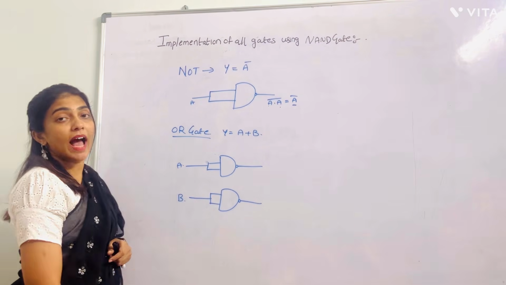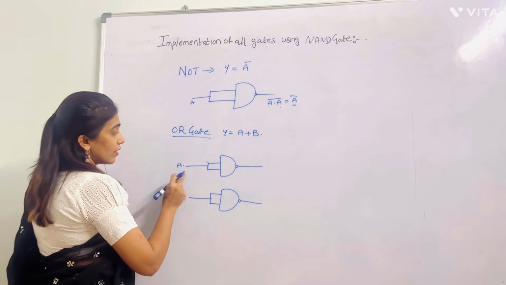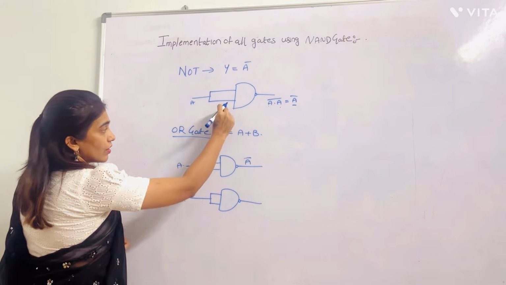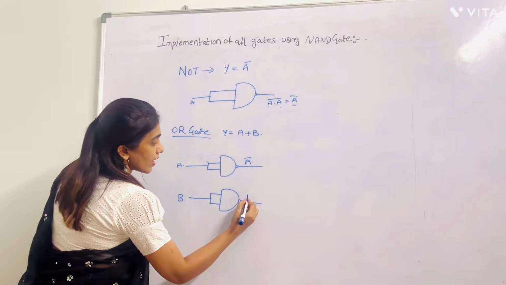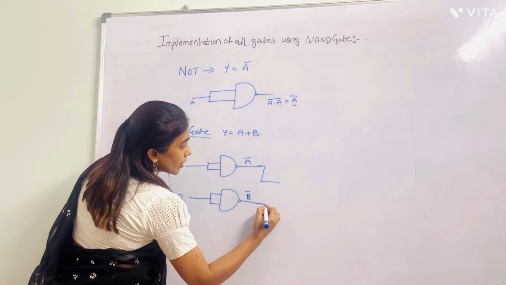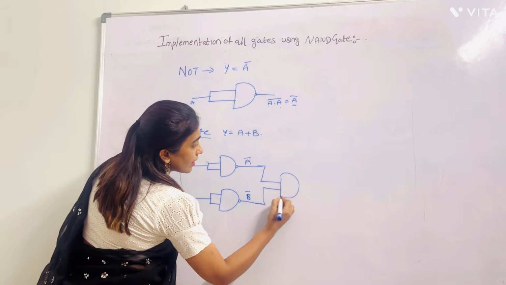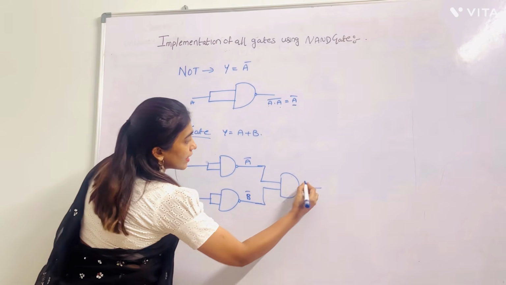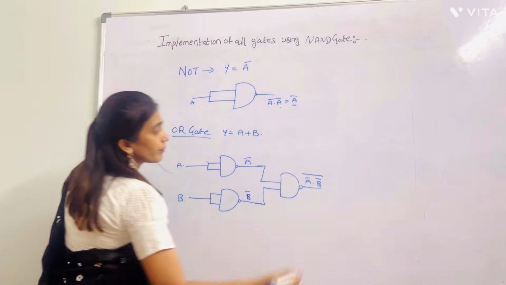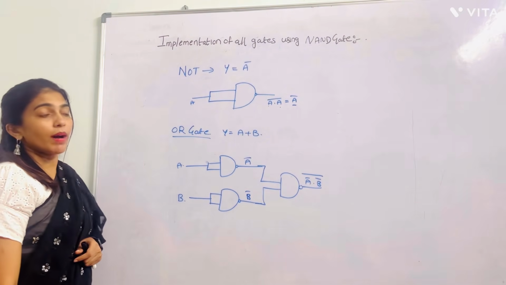OR gate has two inputs. This symbol acts as an inverter, and this also acts as an inverter. So two NAND gates, and these two outputs are given to one more NAND gate. The output of this NAND gate is a bar into b bar whole bar.